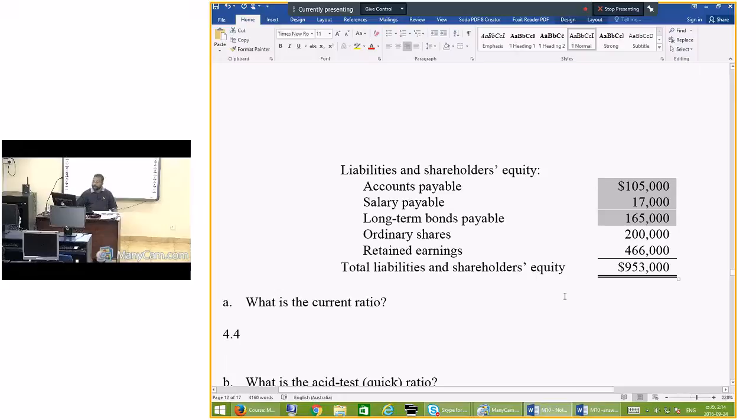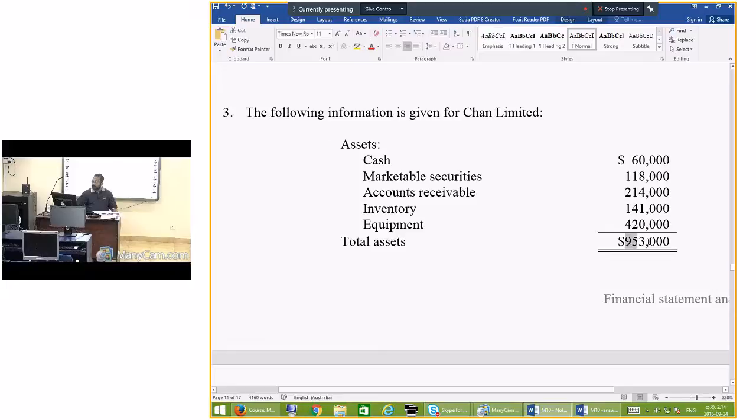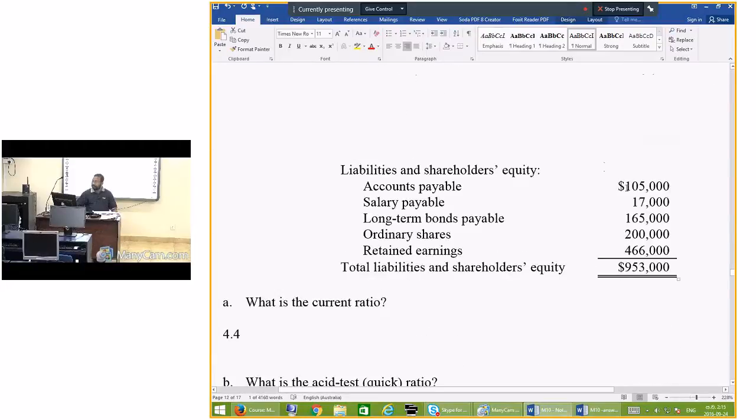We have to take the short-term debts too. Short-term debts as well as long-term debts, all are debts. Because this 953,000 is financed by these three, by outsiders.